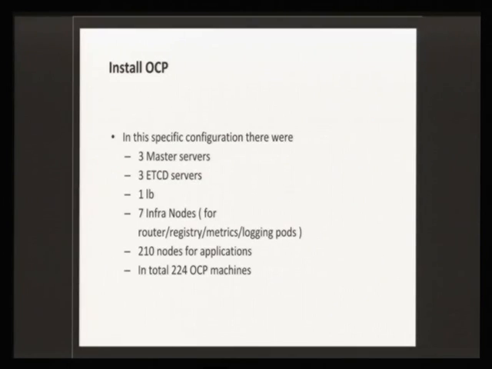That means router, registry, then logging and metrics pods. And the remaining 210 nodes were reserved for usual application pods. In total, I had 224 machines in the cluster.